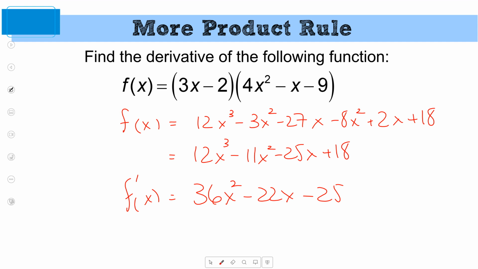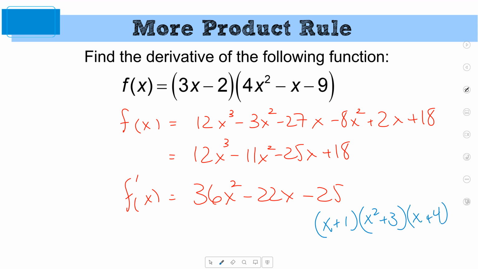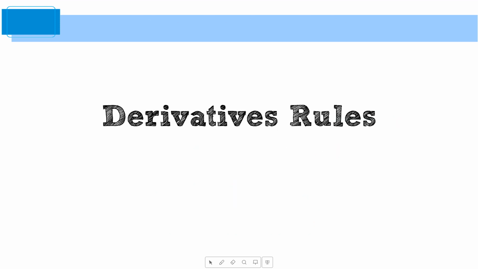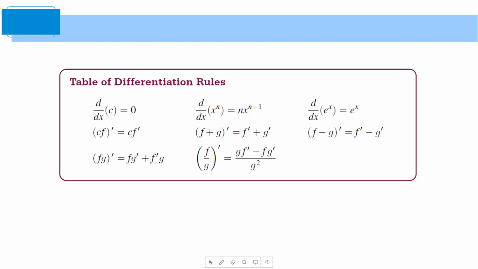Okay. That is a summary of all the derivative rules we've done already. First one, derivative of a constant is 0. Second one, the important one, the power rule. Third one, that e to the x is its own derivative. The next row, times a multiplier or a constant is the same thing as the derivative times the constant.